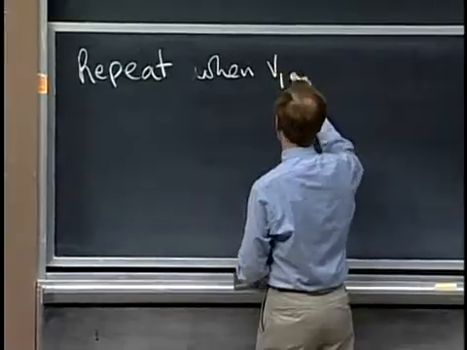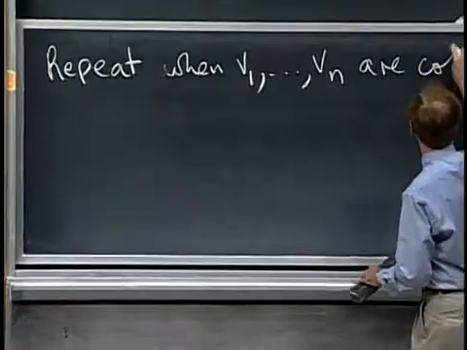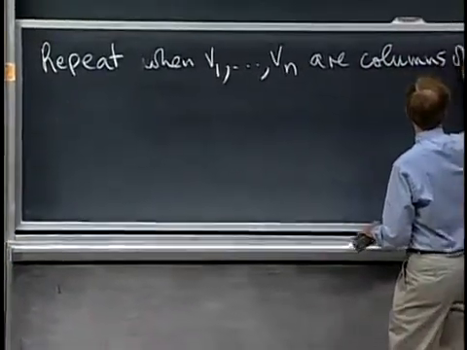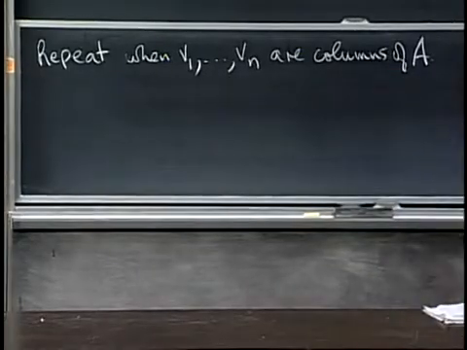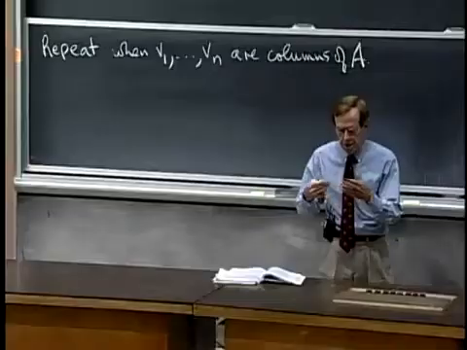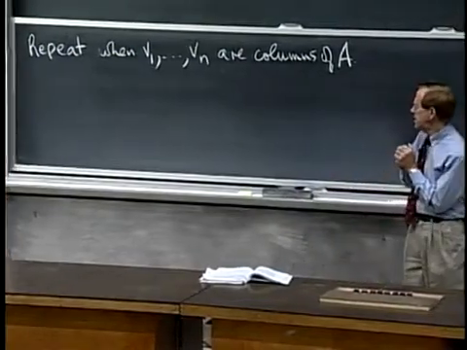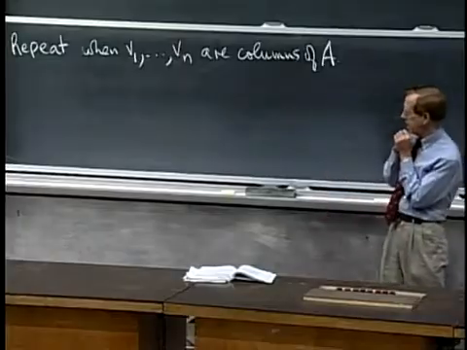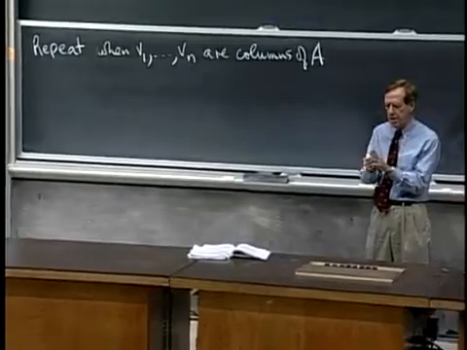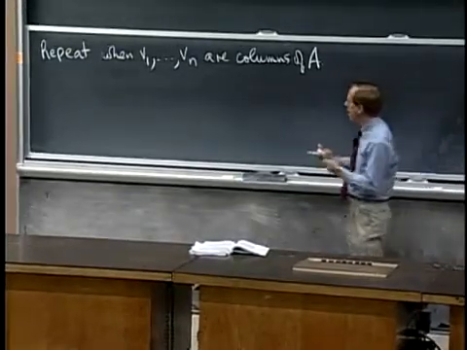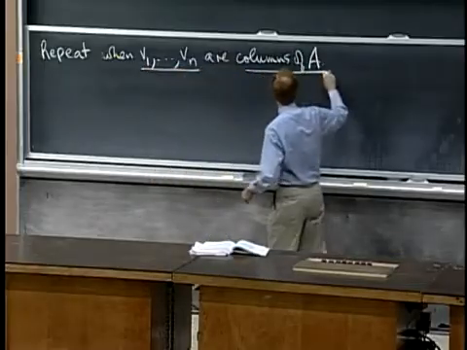The v1, let me call them v's now, v1 up to vn are the columns of a matrix A. In other words, this is telling me that if I'm in m-dimensional space, like two-dimensional space in the example, I can answer the dependence-independence question directly by putting those vectors in the columns of a matrix.